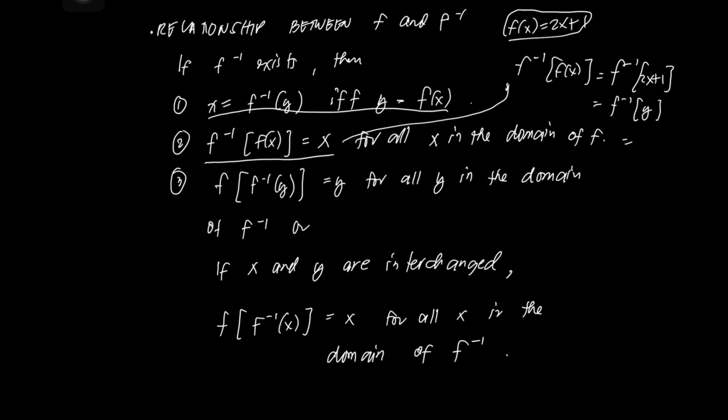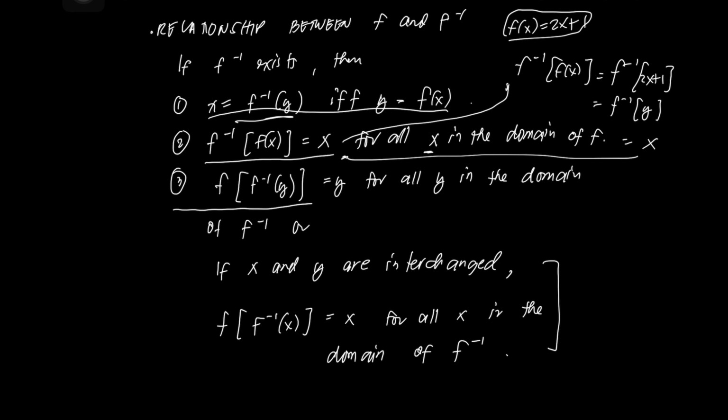And from here, the inverse of y is x. So that's what it means by f inverse of f of x is equal to x, for all x in the domain of f. Same argument with the third one: f of the inverse of y is y for all y in the domain of the inverse.